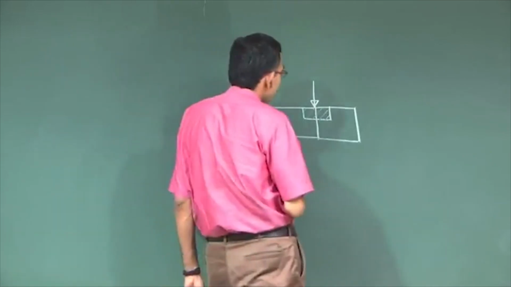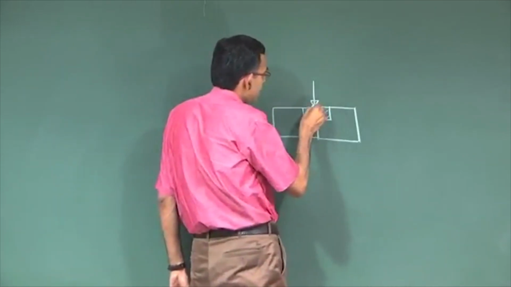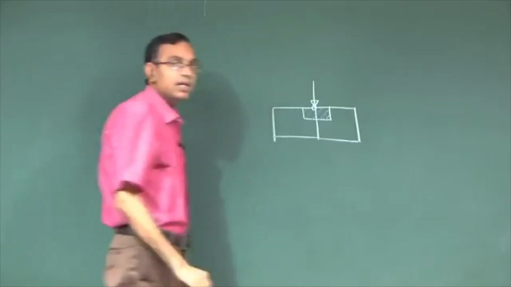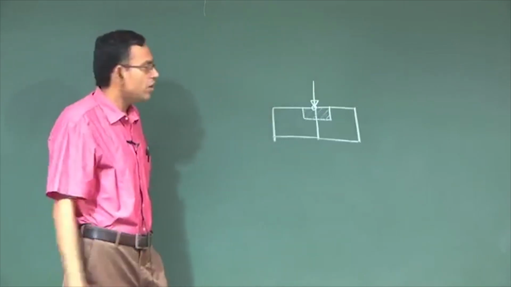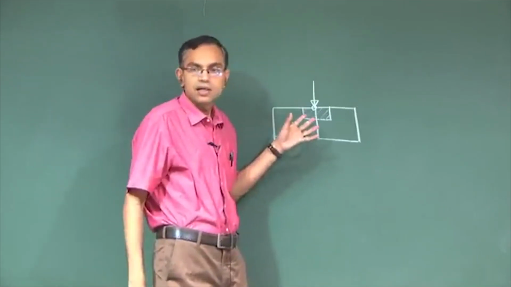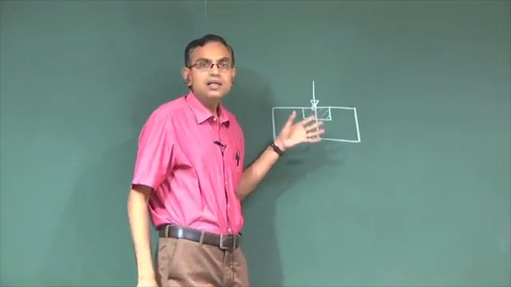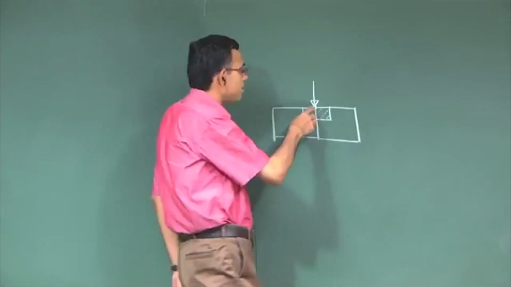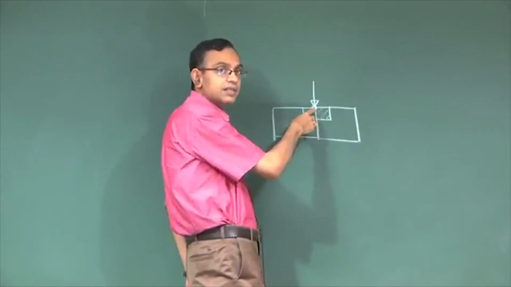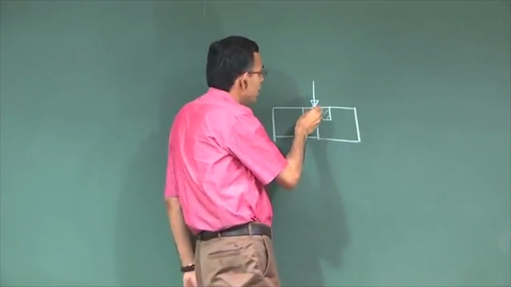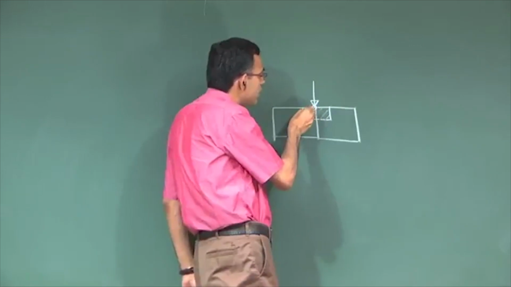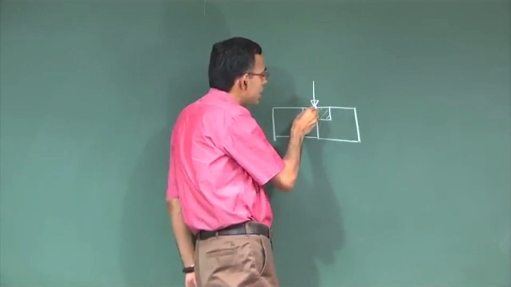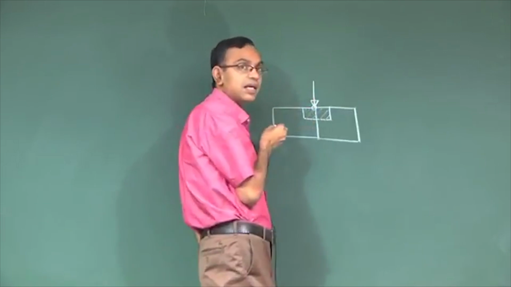Now if you see here, the temperature of the material is high, and normally for many materials the surface tension decreases with increase in temperature. So here the temperature is high, that means the surface tension is low. Further away from this in the molten region the temperature is still low, so the surface tension is high.